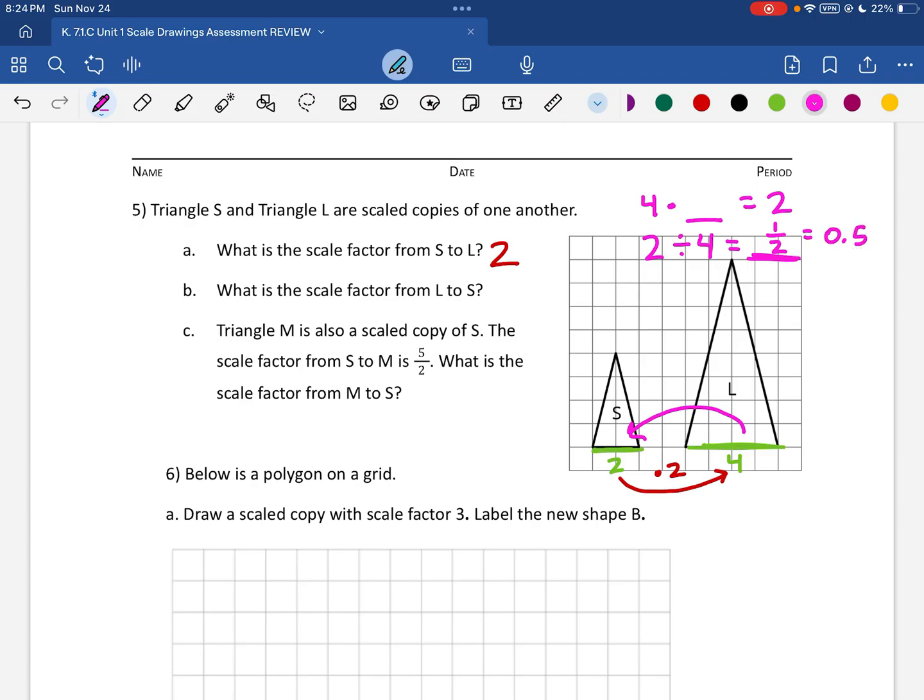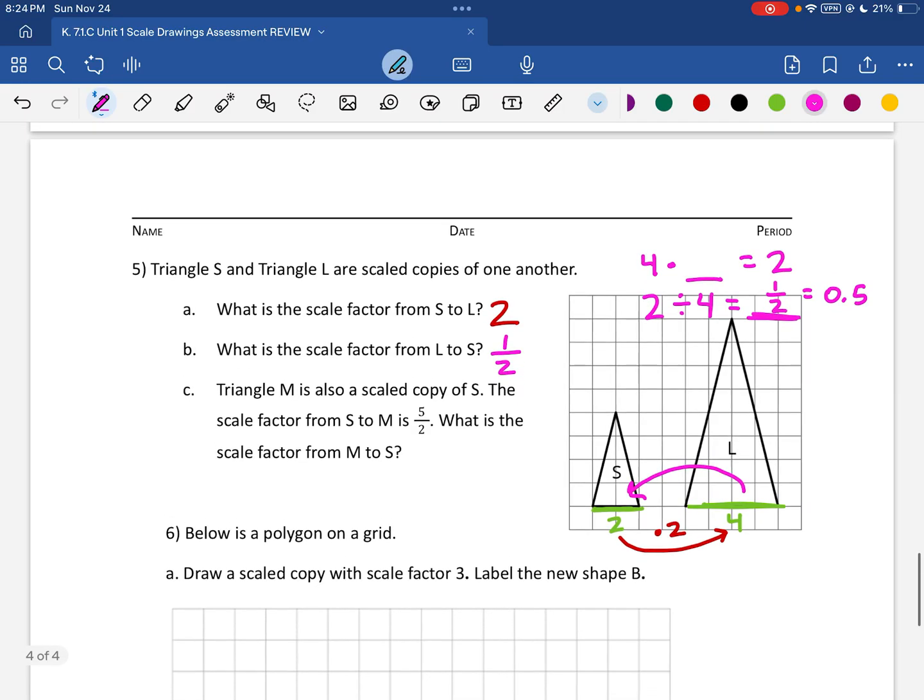The reason I prefer the fraction 1/2 is because I know what problem C is going to ask, and this is a really great trick if you know it. Remember that 2 can be written as 2 wholes as a fraction, or 2 over 1. And the reason that's important is because of this. If going forwards I multiply by 2, going backwards I multiply by 1/2, here's that relationship.